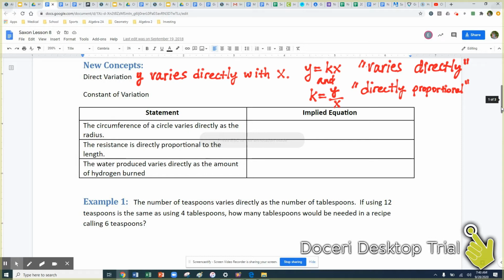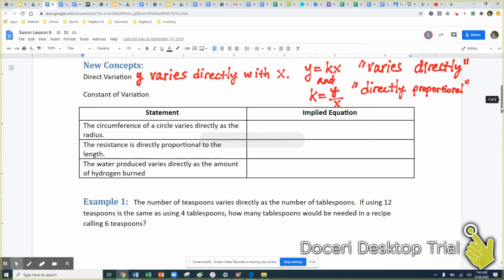In a direct variation, as my x variable starts to change, so x could represent maybe the amount of pounds of fruit that you want to buy. What fruit should we buy at the grocery store? Apples.